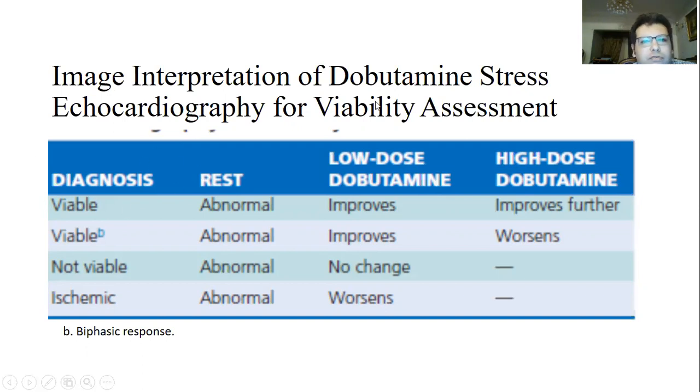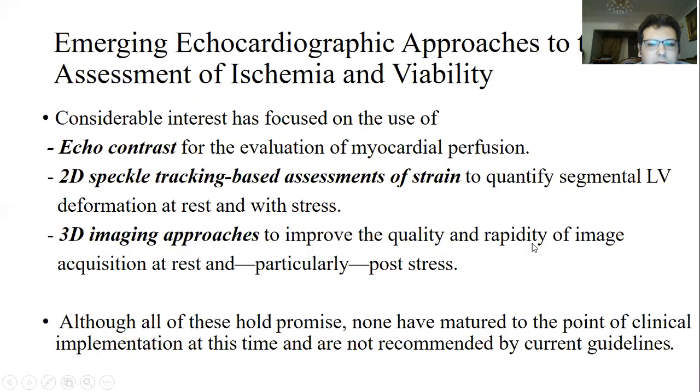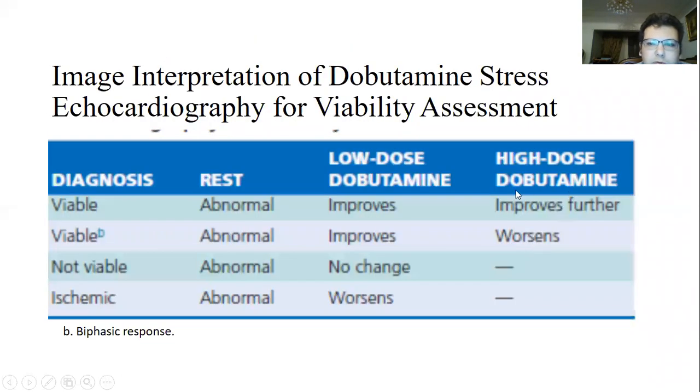Image interpretation of the dobutamine stress echo for viability assessment. Improvement of the myocardial segment systolic function at low dose dobutamine, whether it then becomes worsened with high dose dobutamine or continues to improve further with high dose dobutamine, is called viable.